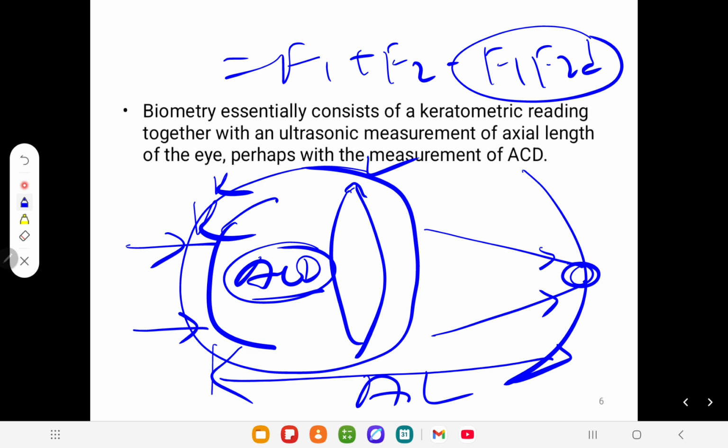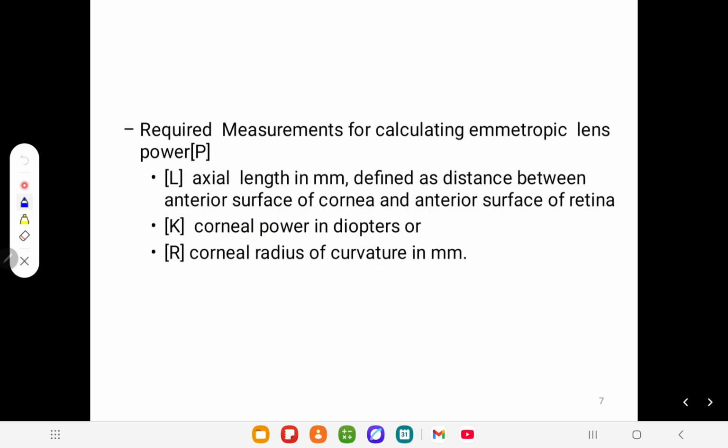Okay, these three things are very important, because I want to make sure that you understand biometry from the lens of optics. It's basically optics, isn't it? So there are always three components: ACD, axial length, and keratometry. Okay, fine.